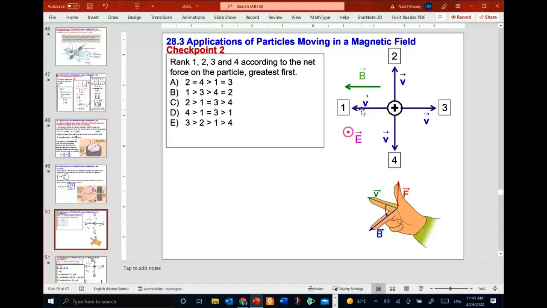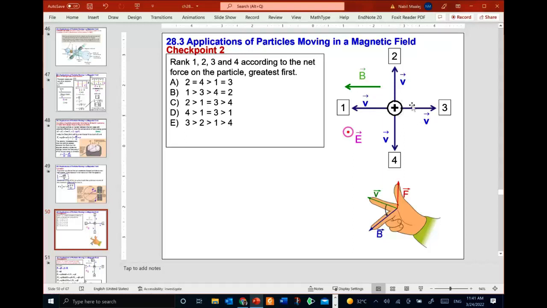The first situation is in the minus X direction. The second situation is in the plus Y direction. The third situation is in the plus X direction, and the fourth situation is in the minus Y direction. The question is to rank 1, 2, 3, and 4, these different situations, according to the net force on the particle, greatest first. In this case it's a charged particle.